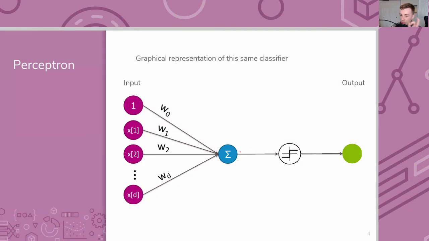So each individual neuron is going to act like one of these individual linear classifiers. So each neuron is going to be represented by two components. One component is going to be this linear classifier component, this blue circle right here.